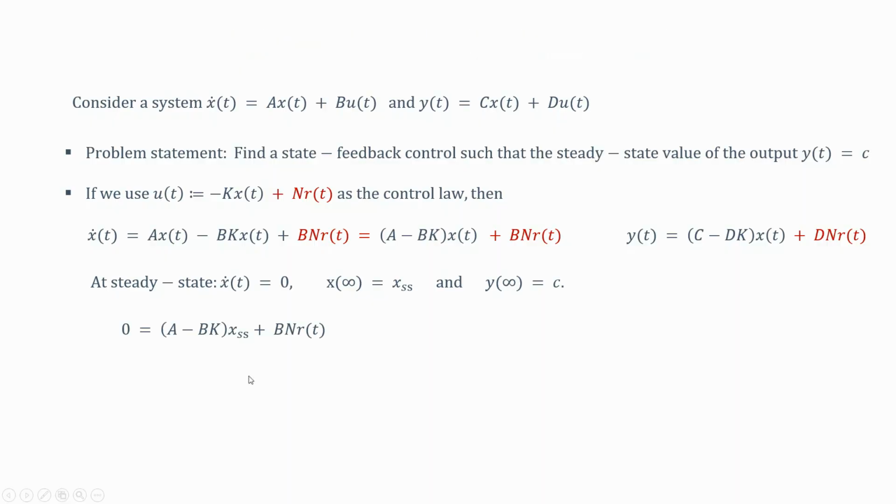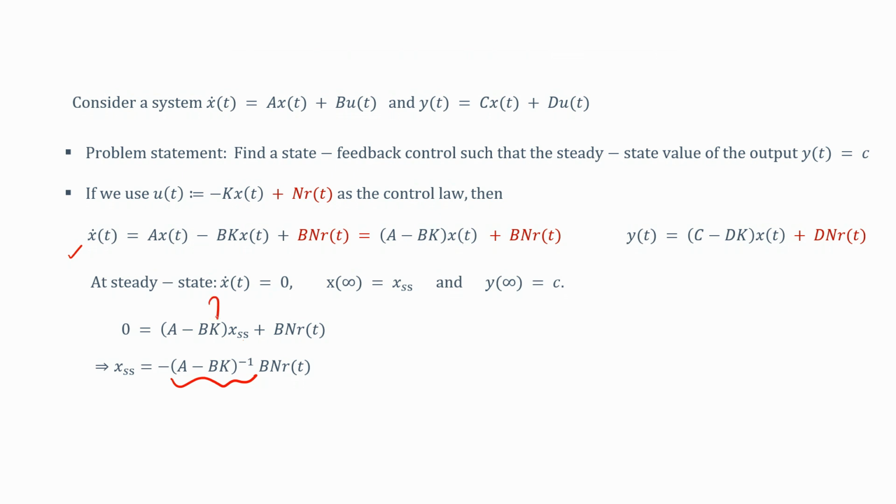Once I plug this into the equation, at steady state the left hand side becomes 0, and then we have minus bk xss plus b and r. So from here xss comes out to be negative of a minus bk inverse times b and r. Now, can I invert this?